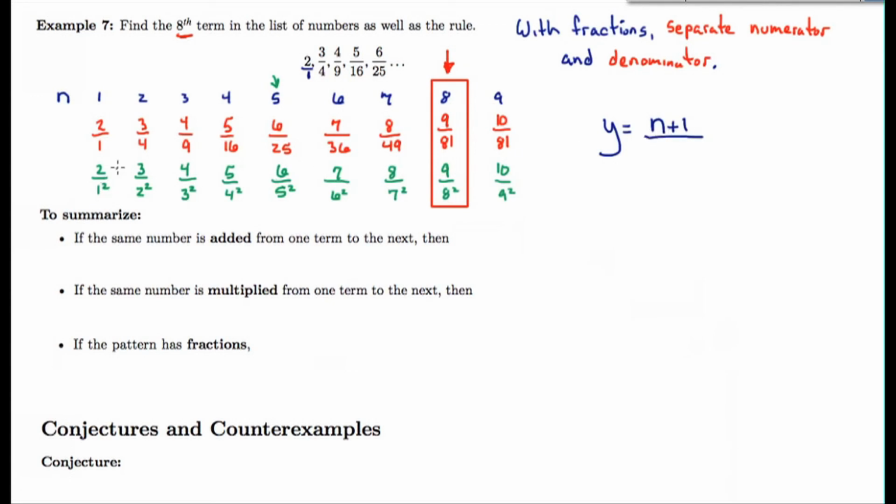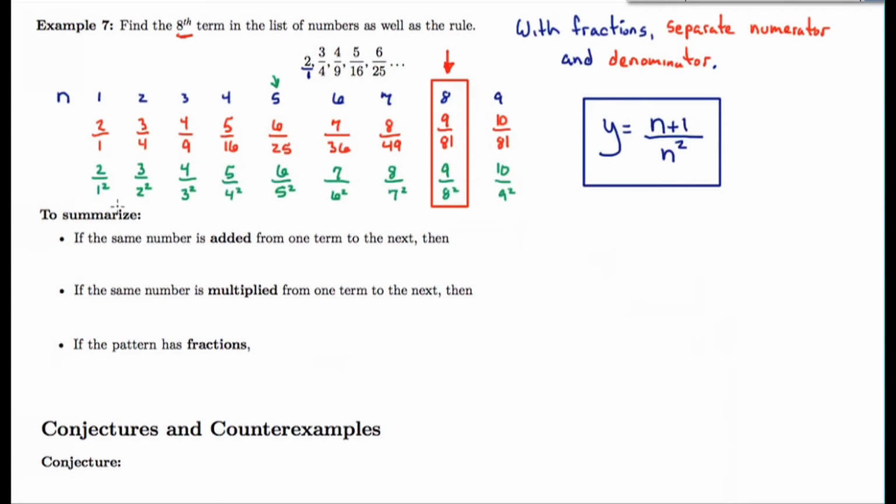Divided by, in the denominator, if n is 1, my denominator is 1 squared, which is 1. If n is 4, my denominator is 4 squared, or 16. So all I have to do is take n and square it in the denominator. And that's my answer there. That's my rule.